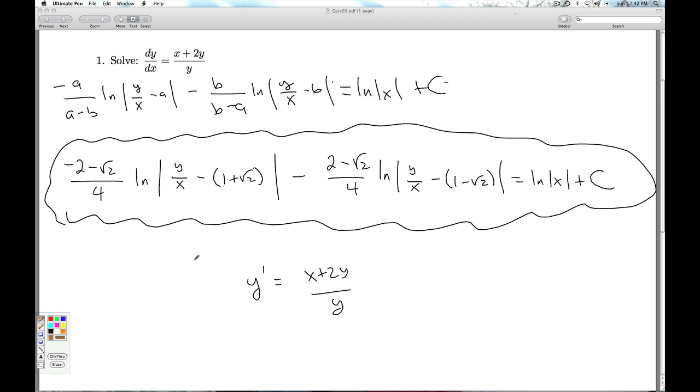And it's a very good review of everything in intermediate algebra. To be quite honest, that's really all it is. Once you take the derivative, the logs go away. Just remember your chain rule. And then it's just really intermediate algebra. So if you want to make sure you're the best with intermediate algebra, go ahead and take that derivative, simplify it, and show that you get this. That'll do it for quiz 3.